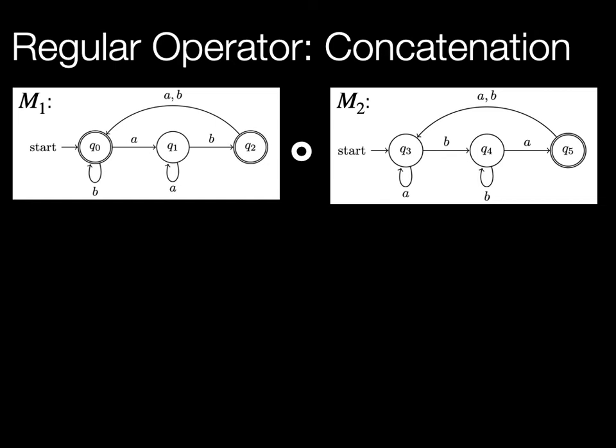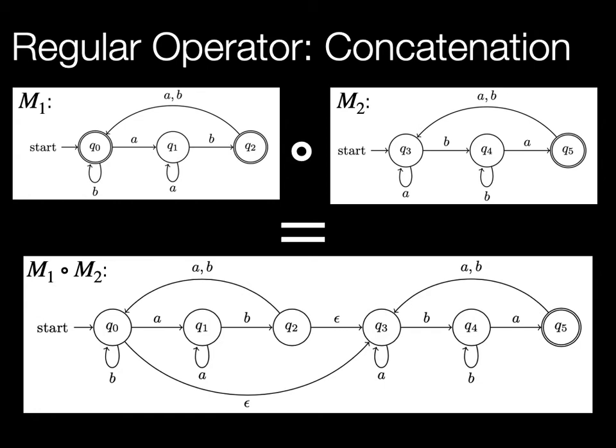This tells us that we should first run M1 and then non-deterministically fork off threads that run M2 to see if we can accept the part of the input word from L2. This looks like this. We add epsilon transitions over to M2 when we are ready to accept the second half of our input word, that is the word W2.